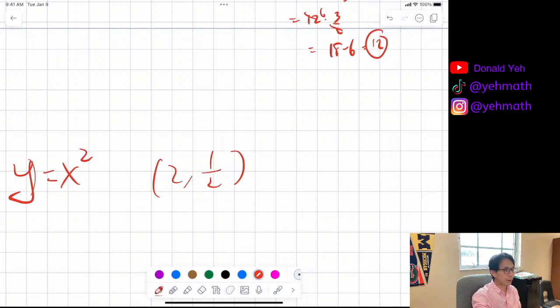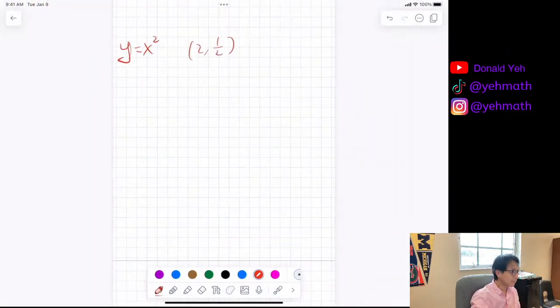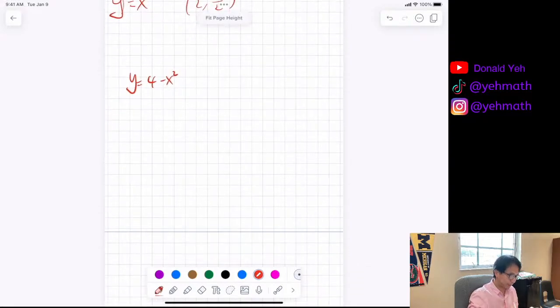All right, I'm gonna talk about one more question that's on the test. This question is, what's the biggest rectangle you can build under a parabola? That's y equal to 4 minus x squared. Same thing, 4 minus x squared. So what is the biggest rectangle you can build, right?